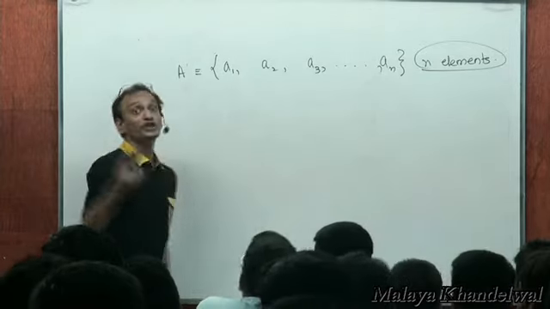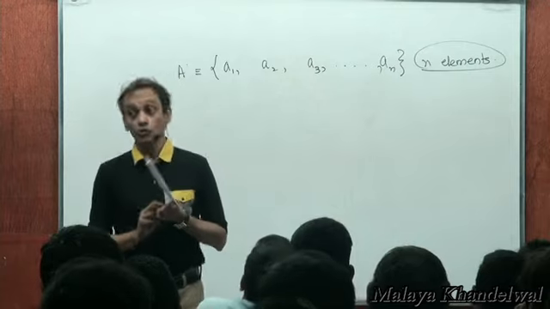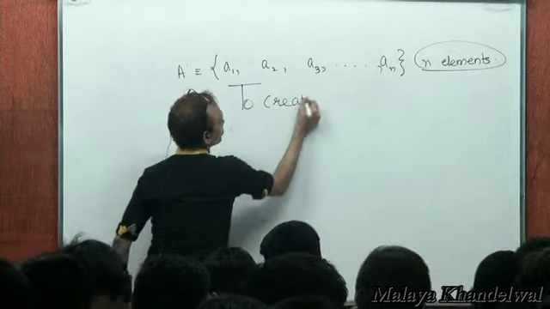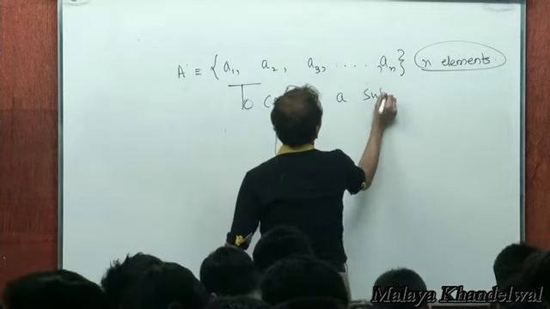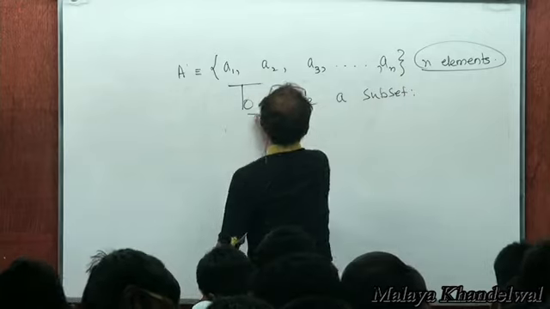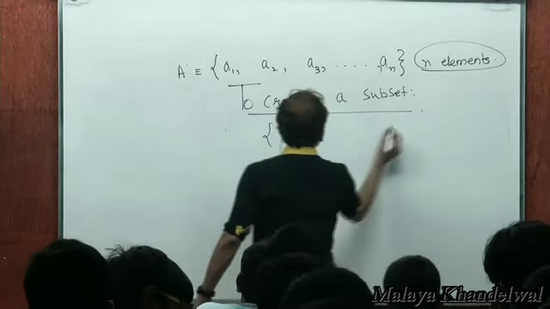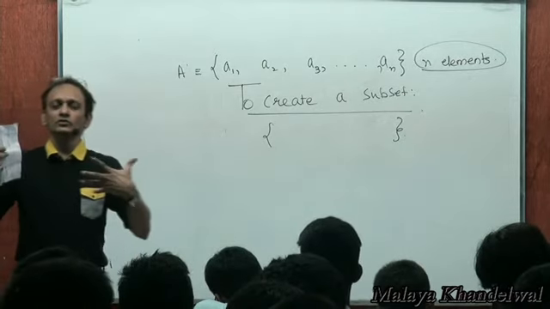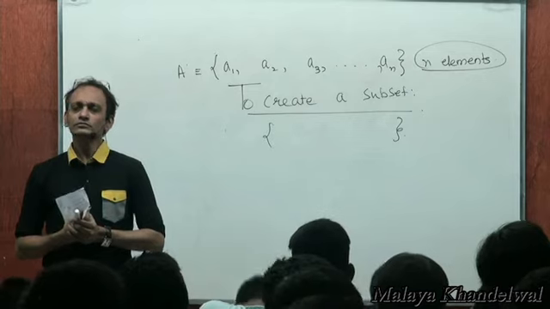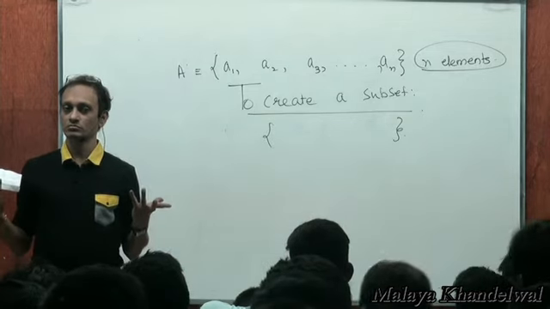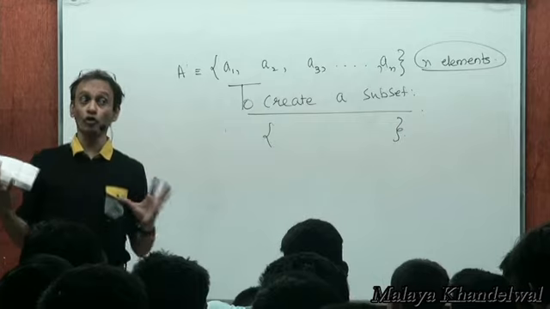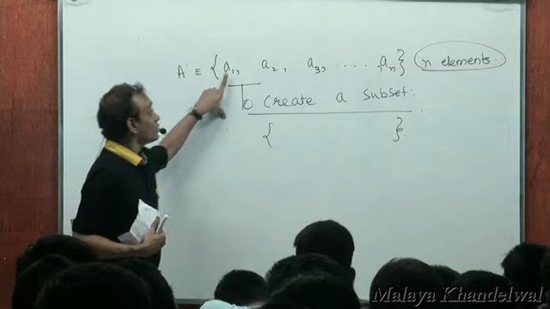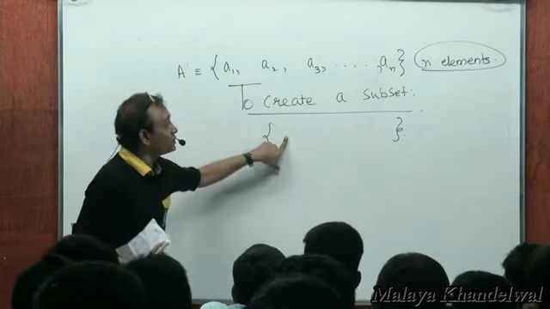Now, to create a subset, these are two braces in which I am creating a subset. Creating a subset involves the following events. Event 1: whether I am going to include A1 in this subset or not.